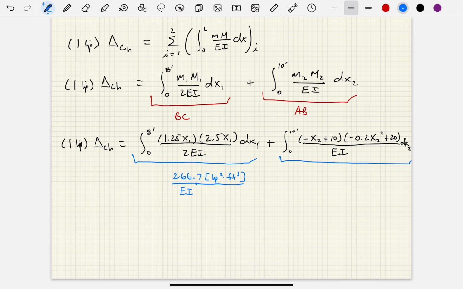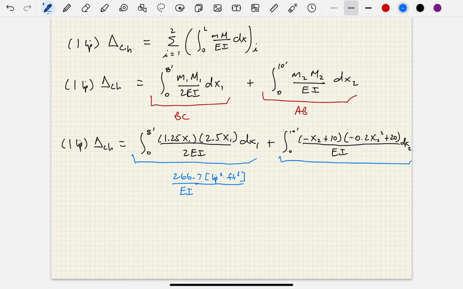Let's see what we get for the second integral. I'm punching this in my calculator right here with you, so I encourage you to do it as well. So I get integral negative x plus 10. We're going to put a parentheses around that and multiply that by negative 0.2 times x squared plus 20.